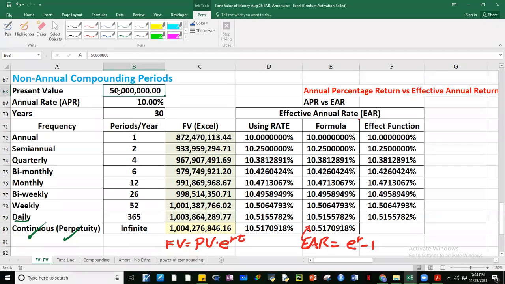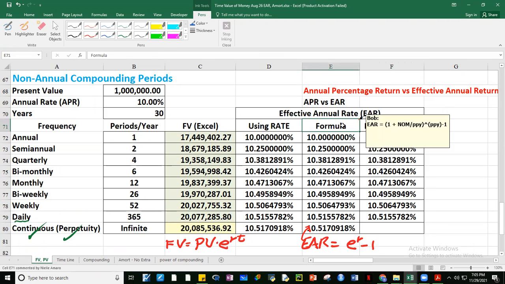Balik natin sa 1 million to. Okay, pareho pa rin guys, no? Pareho pa rin yung interest rate. Okay, yung EAR. Okay, so we can easily compute for the EAR using the rate function. Kasi alam natin yung present value, alam natin yung future value, alam natin yung N per 30. So that's how we use the rate function.